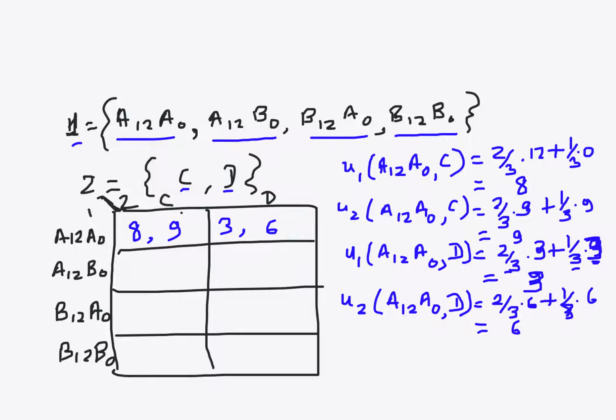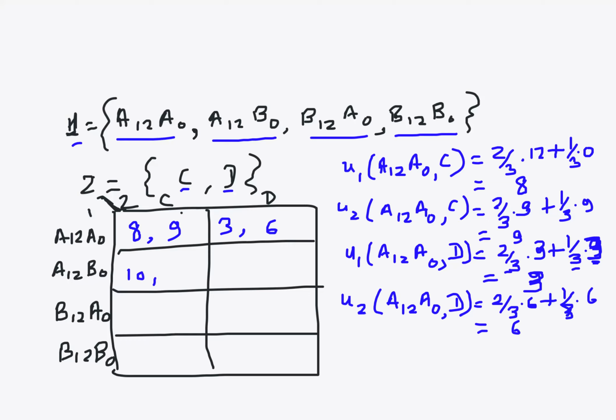This just gives you an idea of how to fill in the payoffs of this Bayesian normal form game. You can fill in the rest, but I'm just going to do the calculation on the side and fill in all of these for you as a reference.